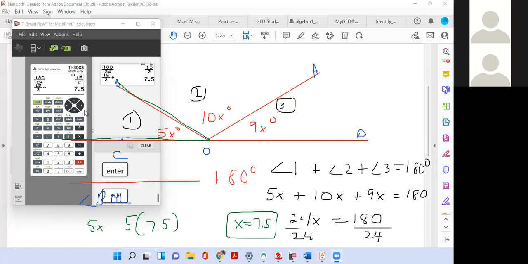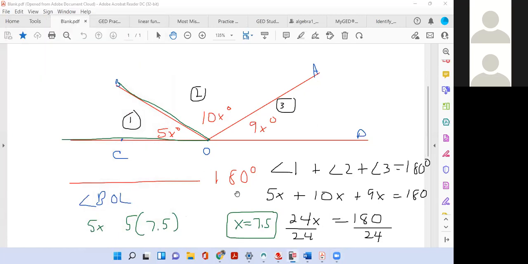We already have 7.5, so we multiply by 5. 37.5 would be the result. So that angle BOC will be 37.5. This angle here, they didn't ask you for it, but 10 times 7.5 would be 75 degrees.